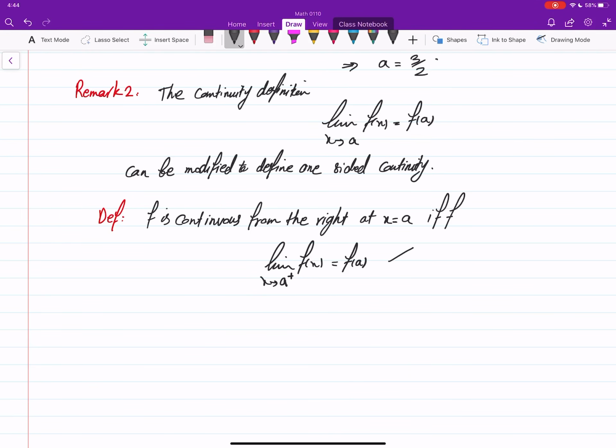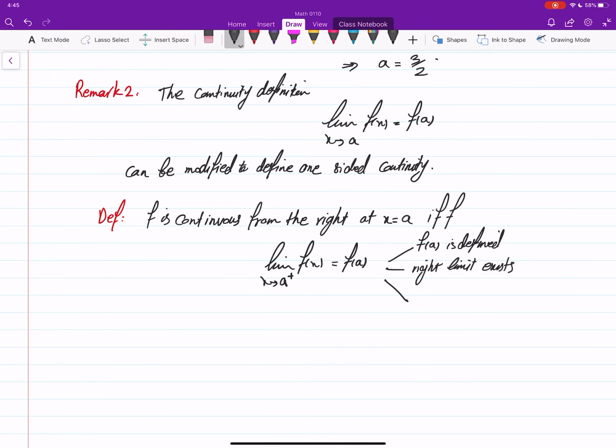So it means that f is defined, the right limit exists, and we are not forcing both the right and left limits to be equal to the function value.